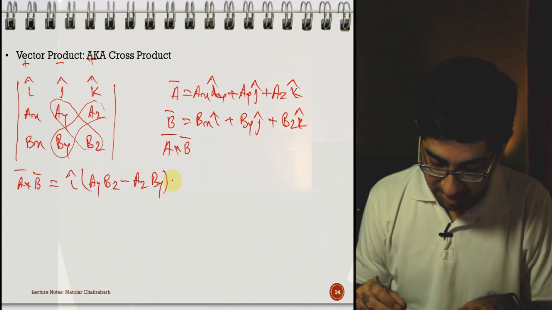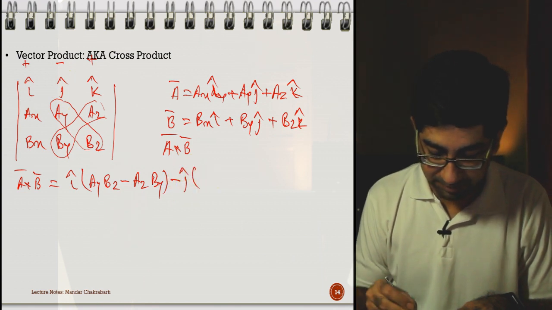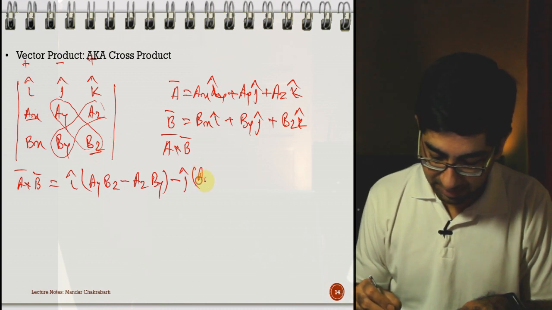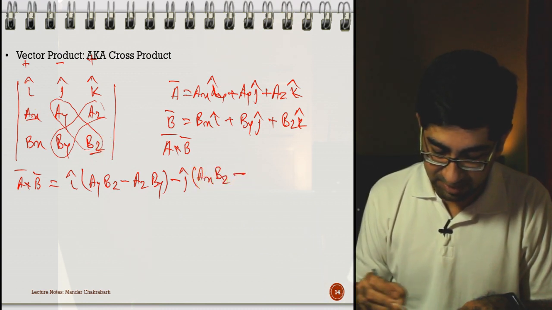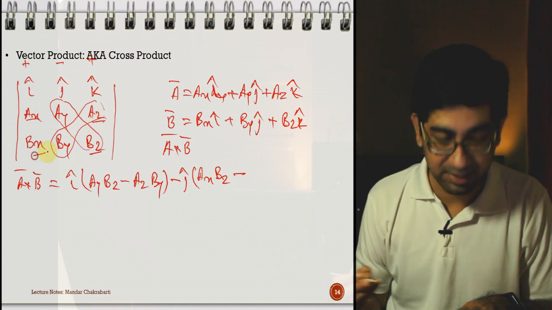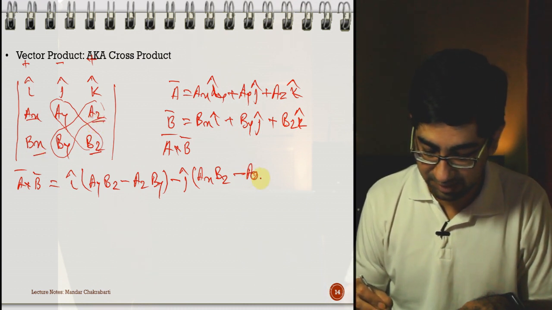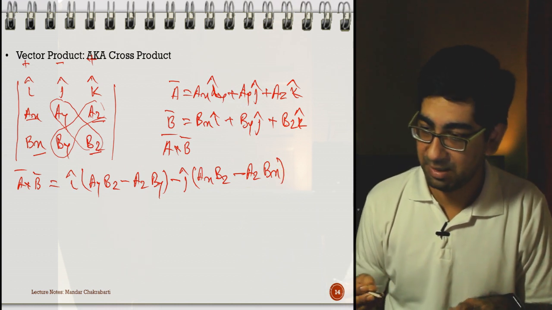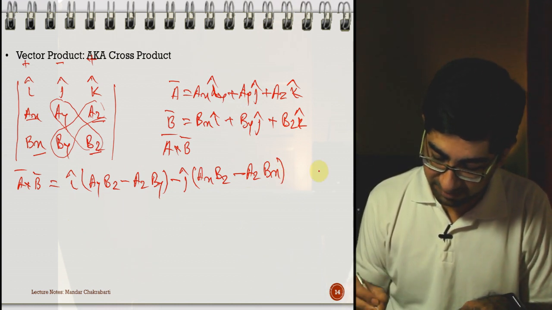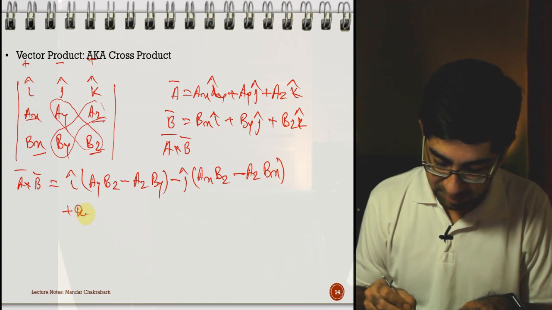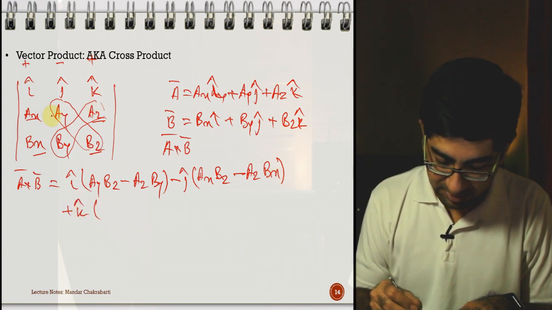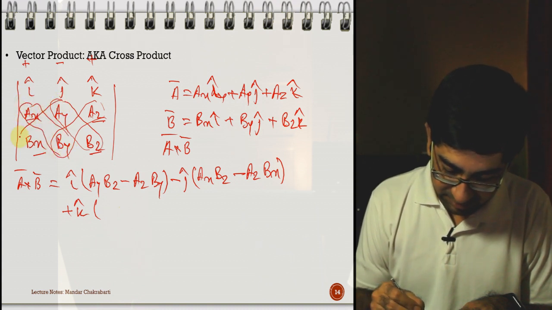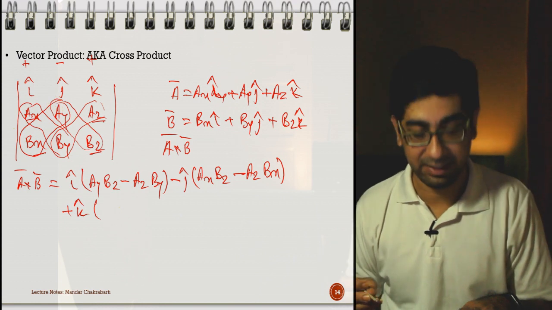So I have minus j, ax bz minus az bx. Okay, and then finally the third component plus k, this time ax by minus ay bx.